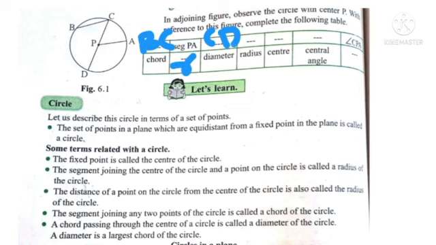Radius is AP, or you write as PA. Center is P. Central angle: there are two central angles, APC and APD. And angle CPA is the central angle. Okay, you had learned about this circle.